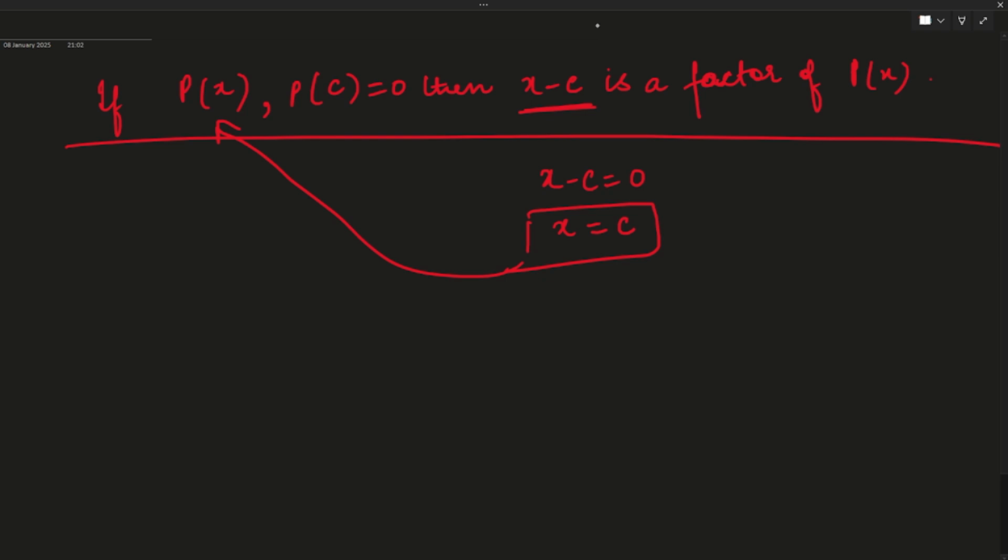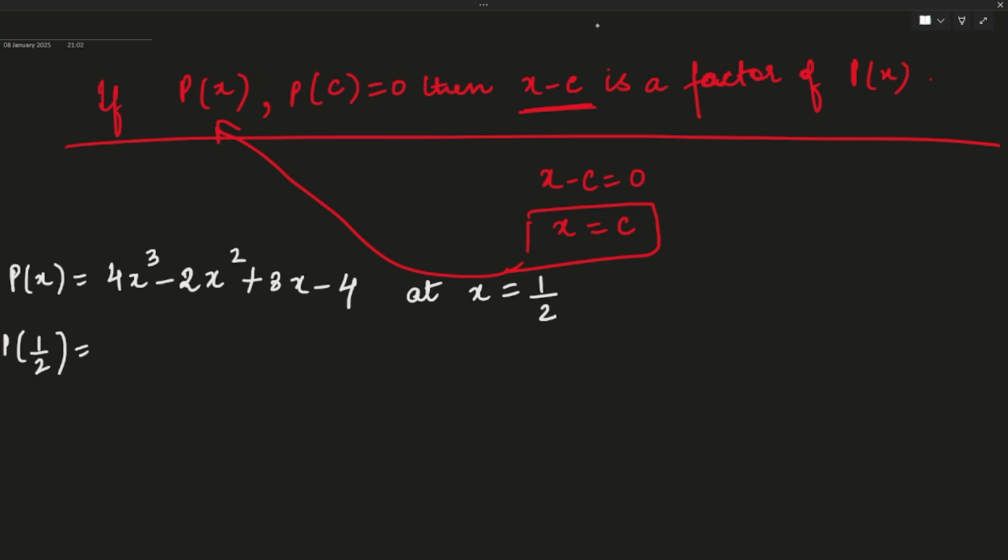Let us take one more example. Suppose you have a different polynomial, p(x) equals 4x cubed minus 2x squared plus 8x minus 4, and you have to check the value of this polynomial at x equals half.